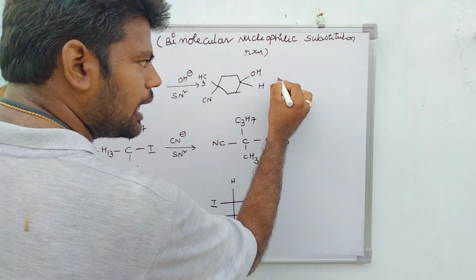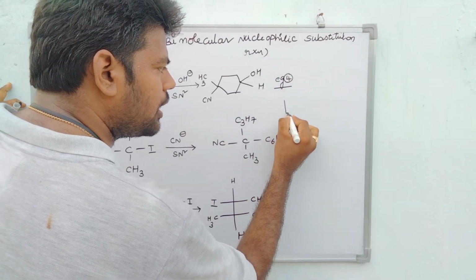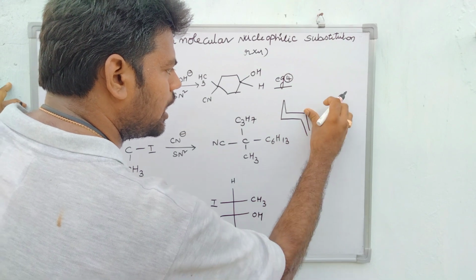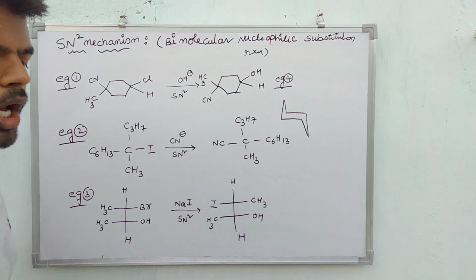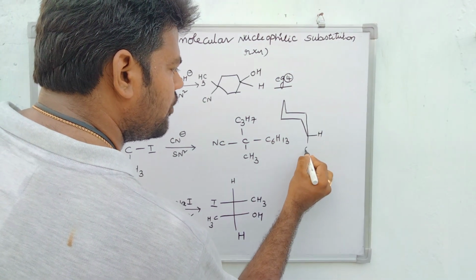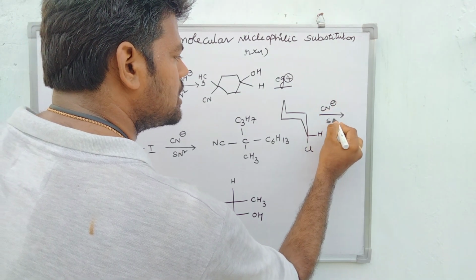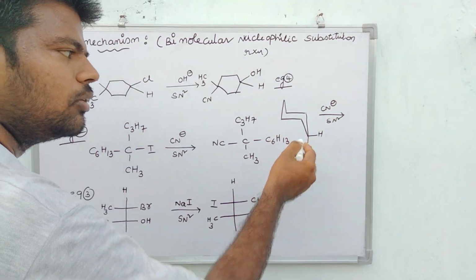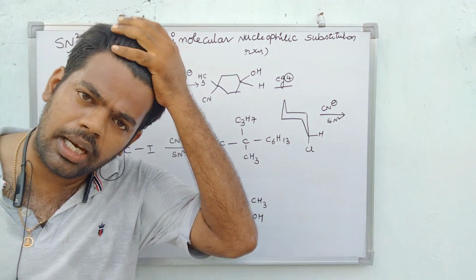And one more with another example, that is example number 4. Suppose I take a cyclohexane chair form. On the chair form, suppose it contains a hydrogen atom and a chlorine atom, and is passed through a cyanide. If it undergoes the SN2 mechanism, friends, automatically what will happen? We know that for the cyclohexane chair form, 2 types of bonds are present.